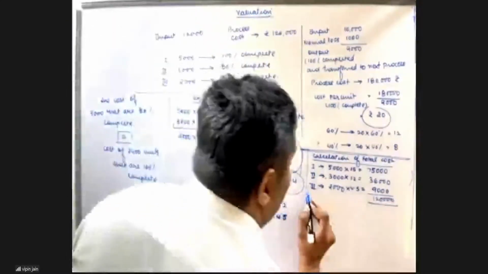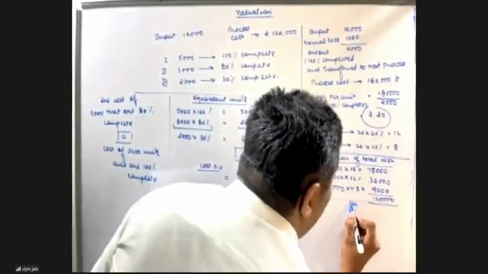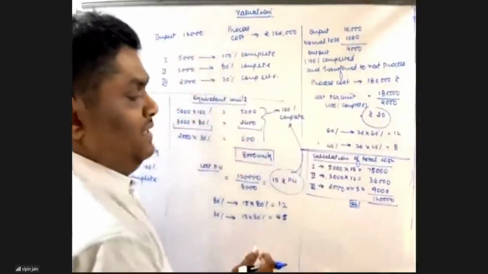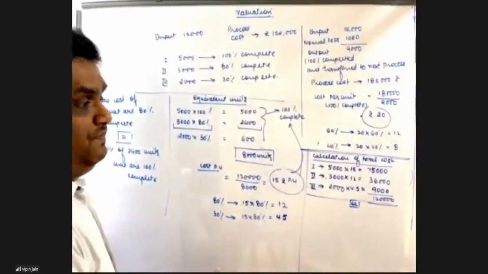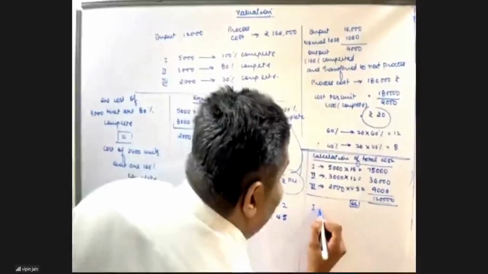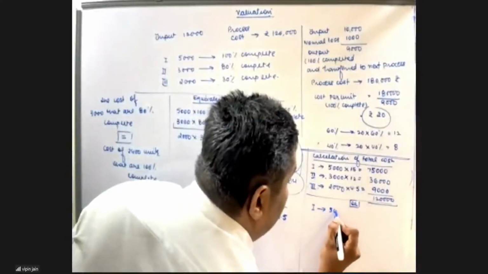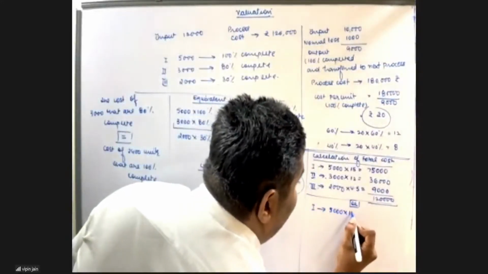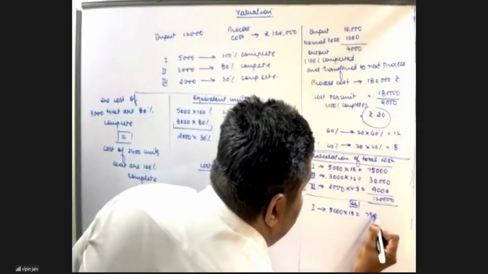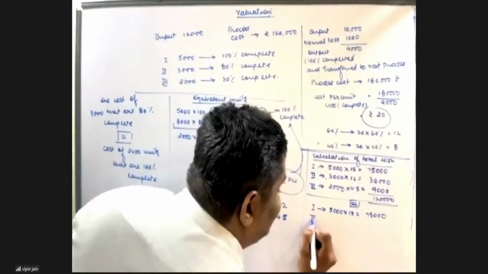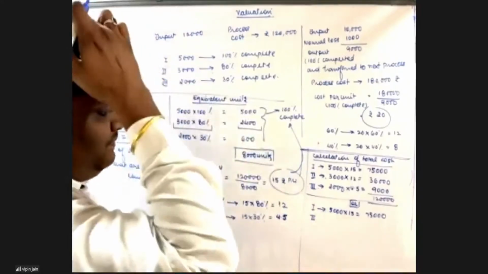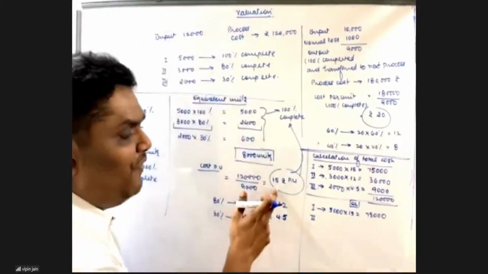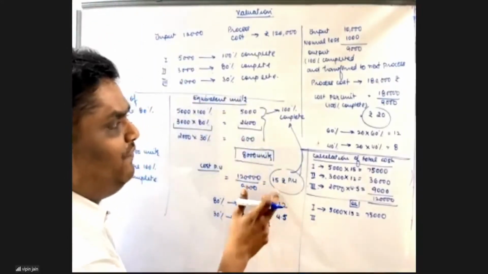Now we can distribute the cost in an alternate way also. See, for the first category, it is 5,000 into 15, that is 75,000. Now for the second category, guys, the cost of 100% completed units is 15.